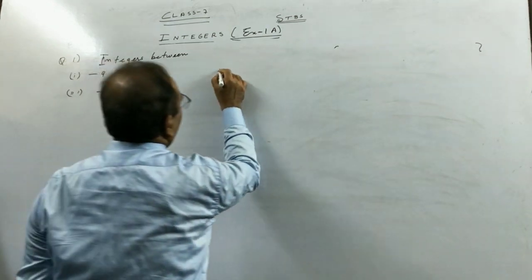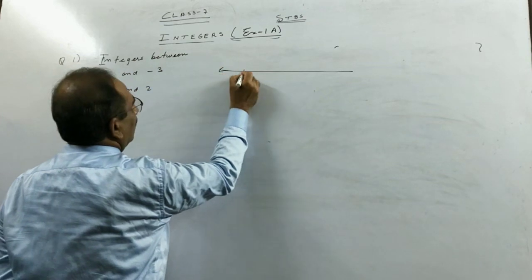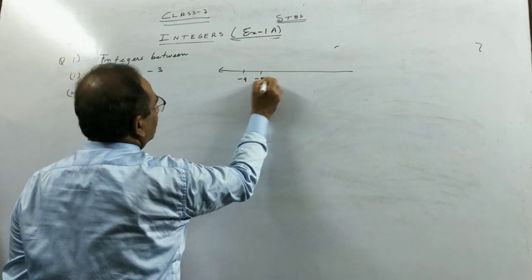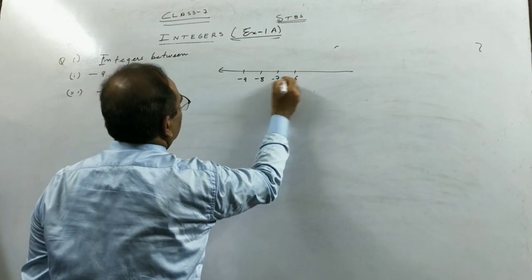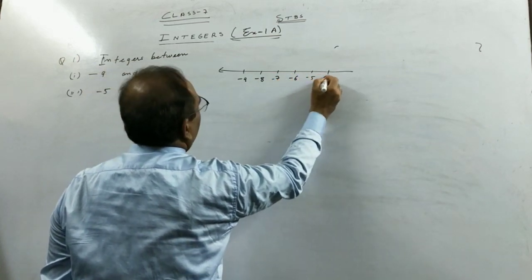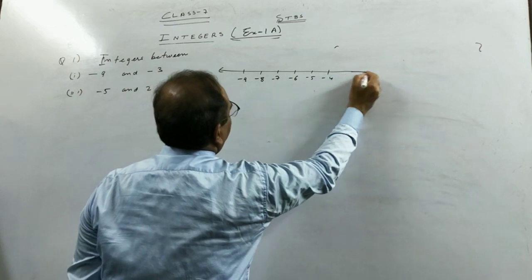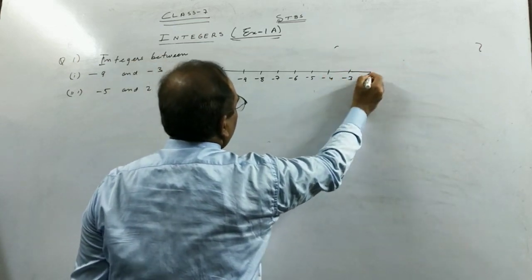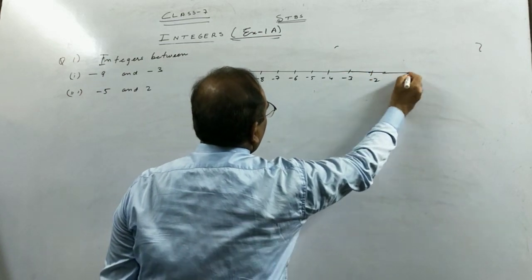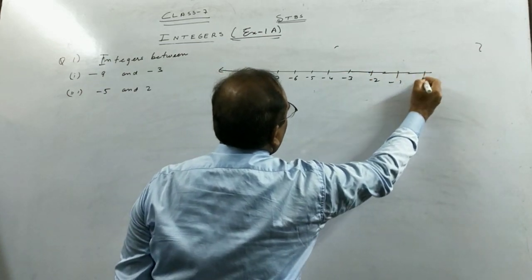Here, to understand, this is minus 9, minus 8, minus 7, minus 6, minus 5, minus 4, and this is minus 3, minus 2, minus 1, 0, 1, 2.